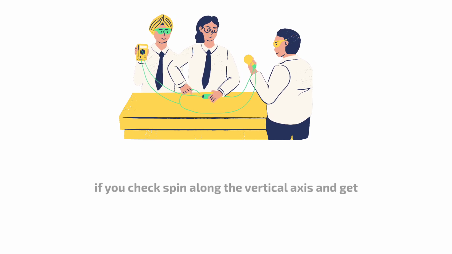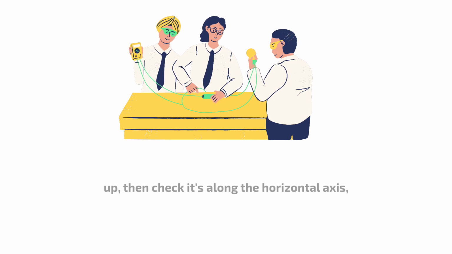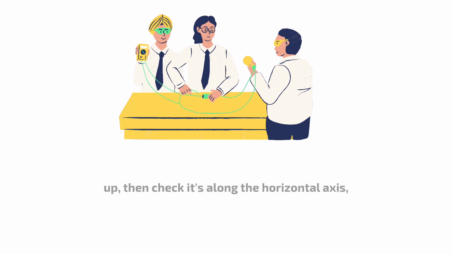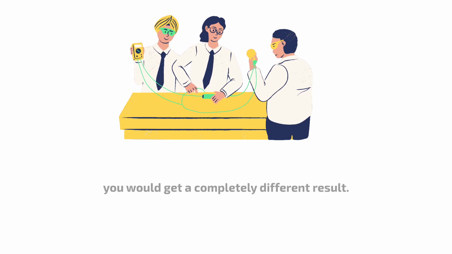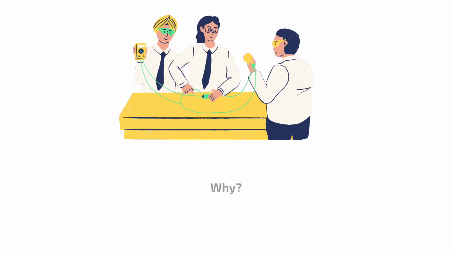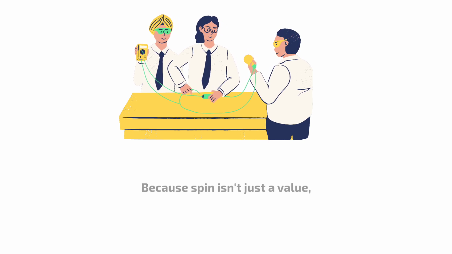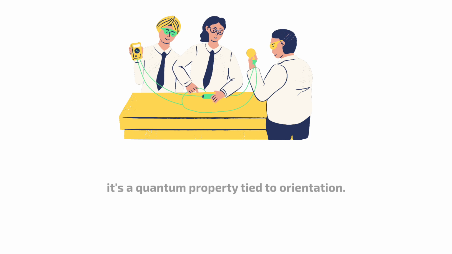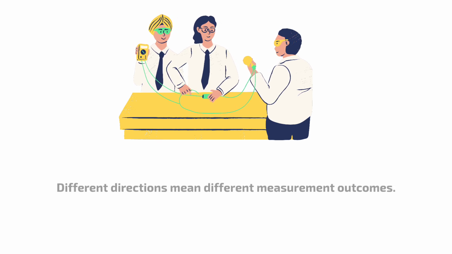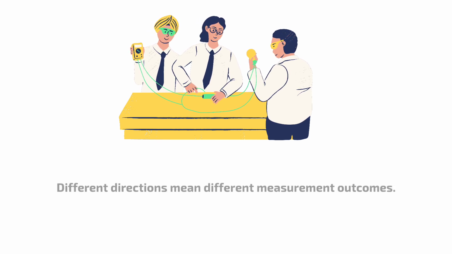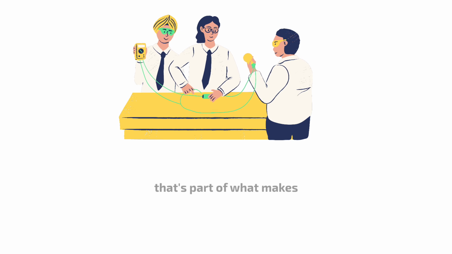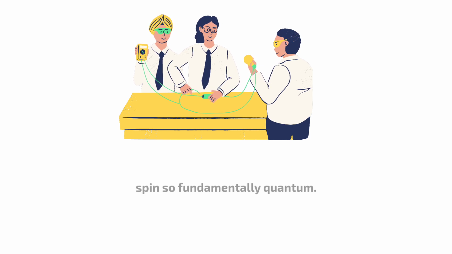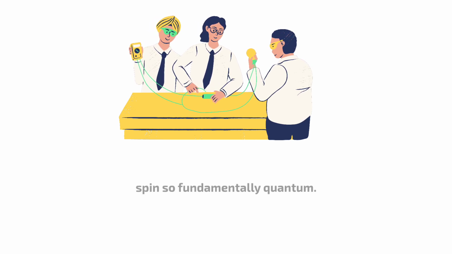If you check spin along the vertical axis and get up, then check it along the horizontal axis, you would get a completely different result. Why? Because spin isn't just a value, it's a quantum property tied to orientation. Different directions mean different measurement outcomes. And that's part of what makes spin so fundamentally quantum.